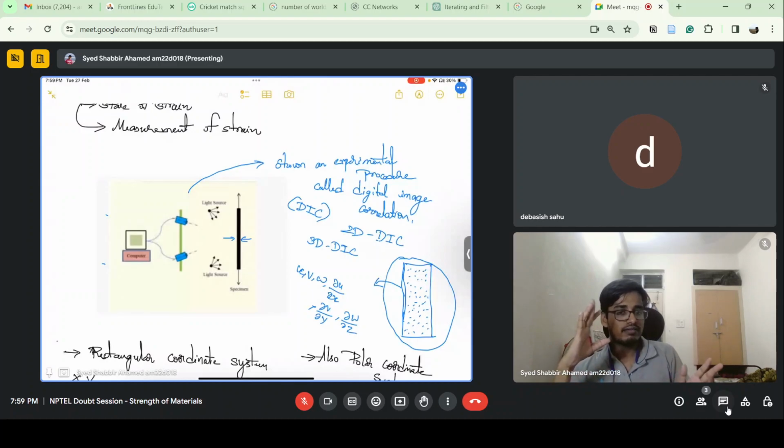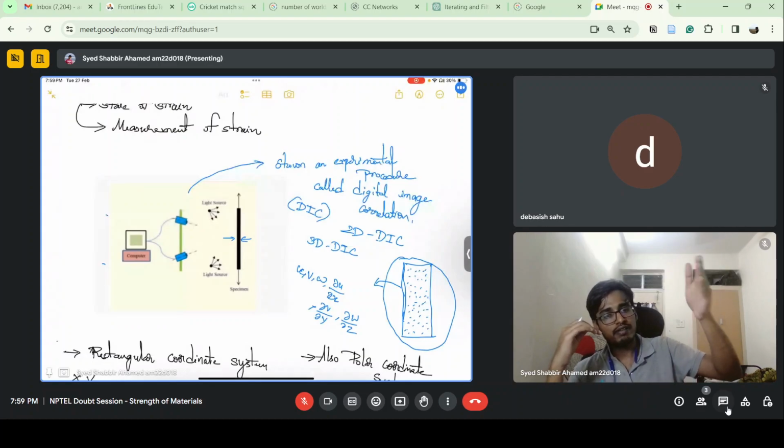After doing these calculations on the computer, since humanly it is not possible, all this processing is done by the computer using a lot of images, temporal data, which means time-dependent. At some time instant the image will be like this, at another time instant like that.